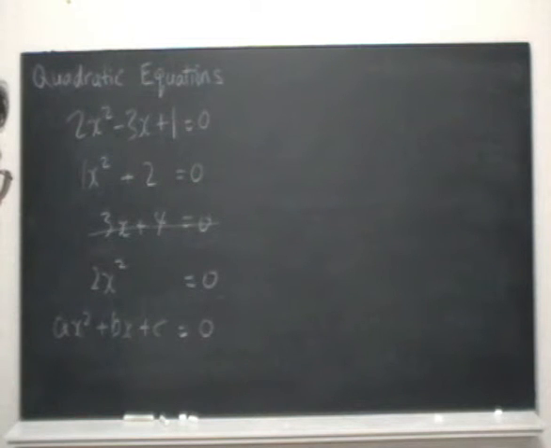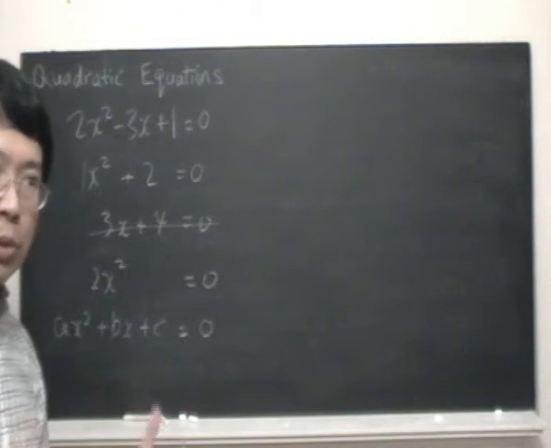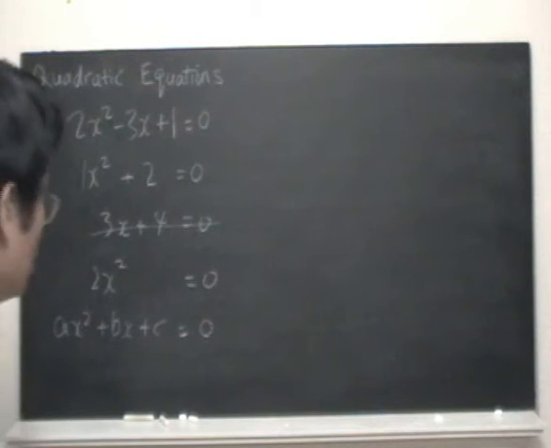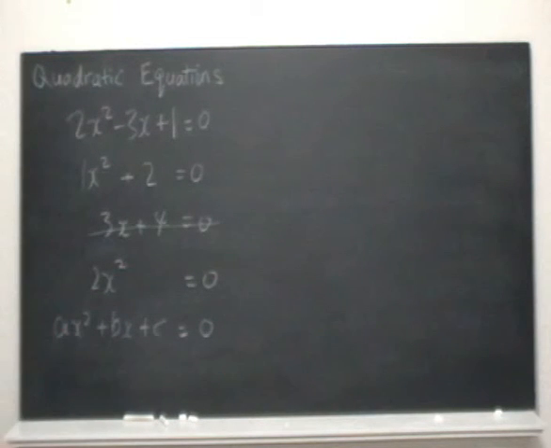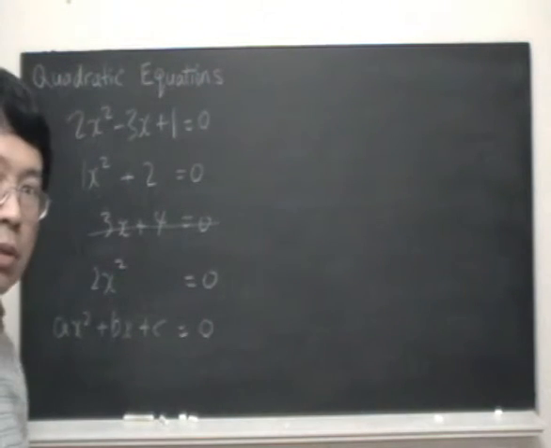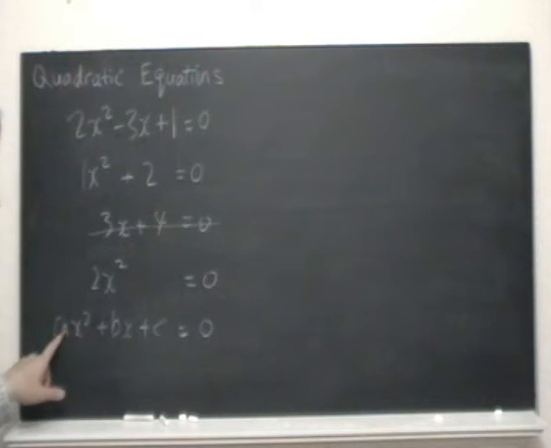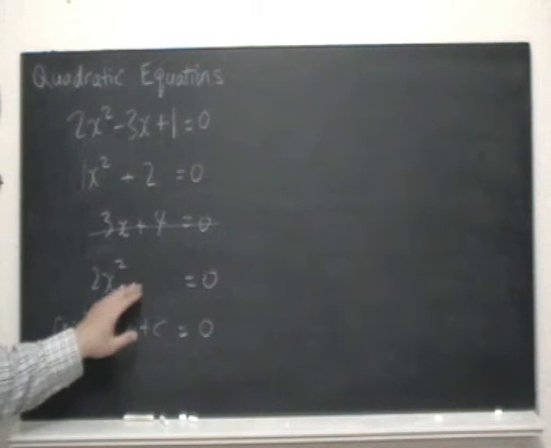So in this way, we can think of this as a formula or a format for this type of equation. So in the third equation, 2x squared equals 0, a would be the 2. Now there are no other terms.